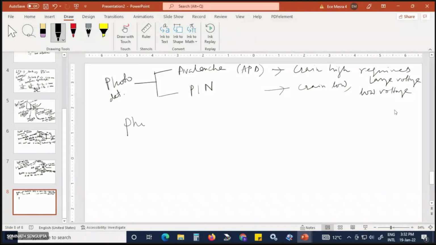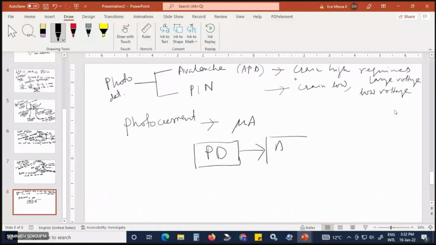Now photocurrent is in the range of microamperes. Okay. That is very, very small. So we always need to use a photodetector followed by an amplifier, because the output contains noise. The photodetector output is low voltage plus noise, so you have to use some amplifier.